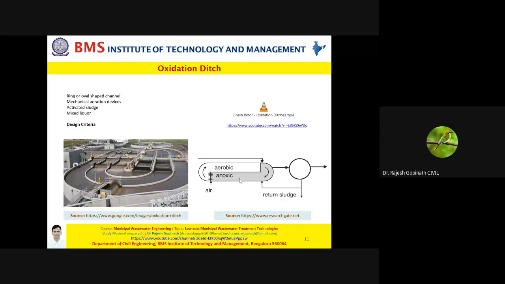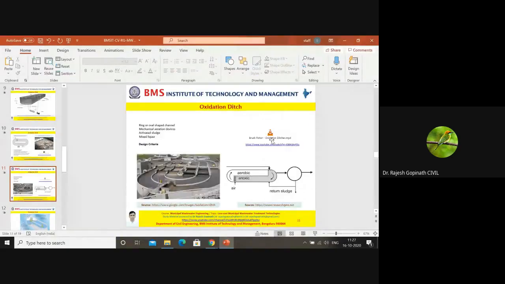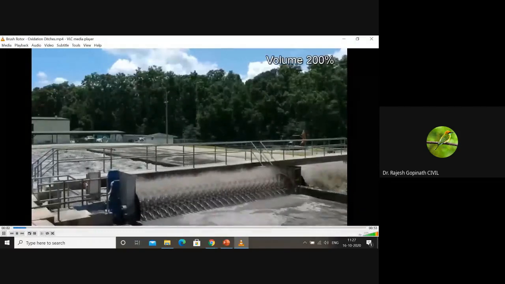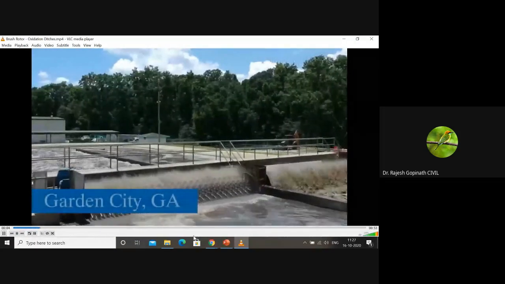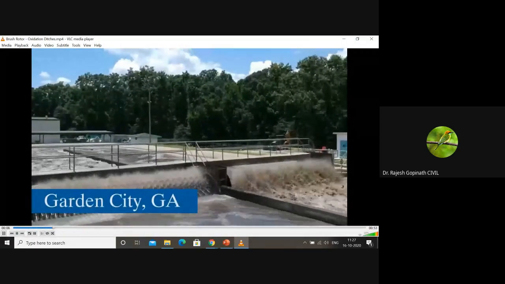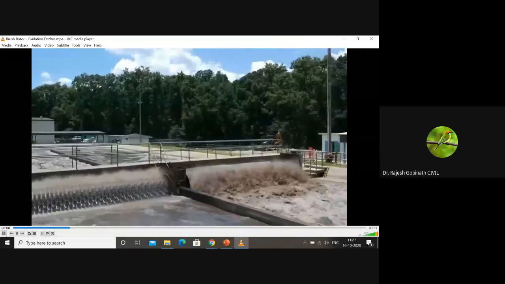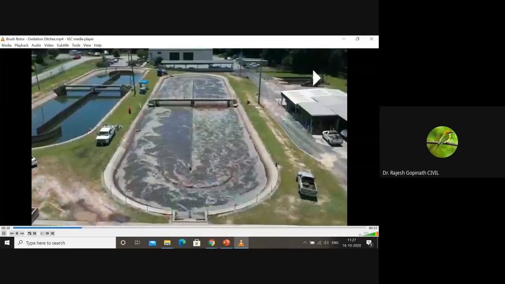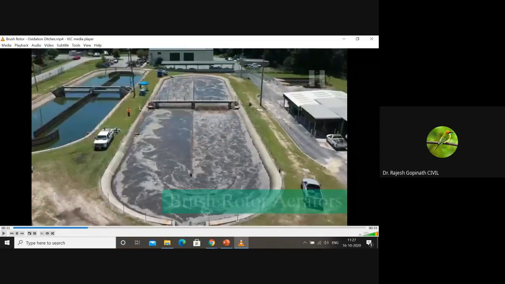Now I'll show you the actual working of an oxidation ditch. So if you observe very carefully here, friends, what you see here is your mechanical aerators. See, now this is the best depiction of an oxidation ditch which is actually operational.